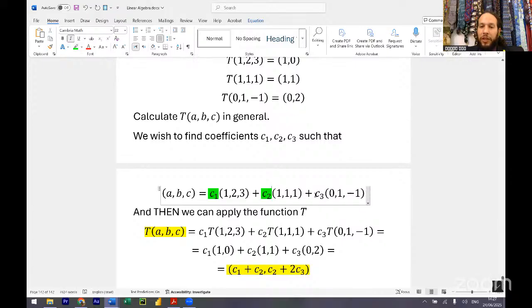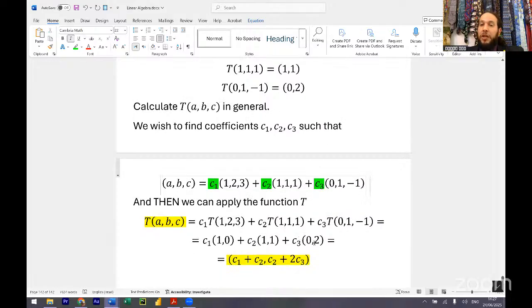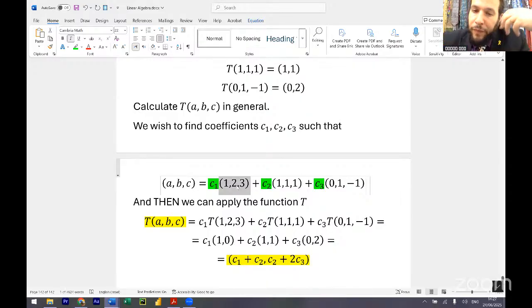Okay, but we need to find C1, C2, and C3, which I think right after this example, we will write as a formal definition. C1, C2, and C3 are called the coordinates, right? They say what distance should we go in every direction of the basis. Think of a basis as a set of axes.